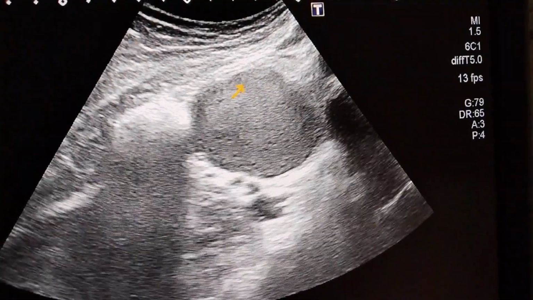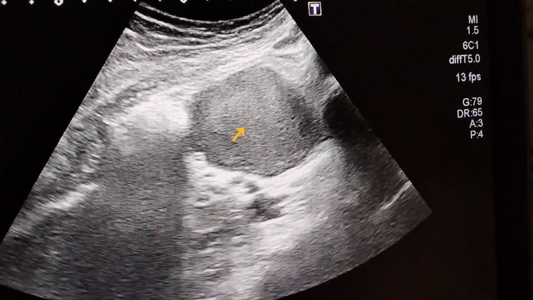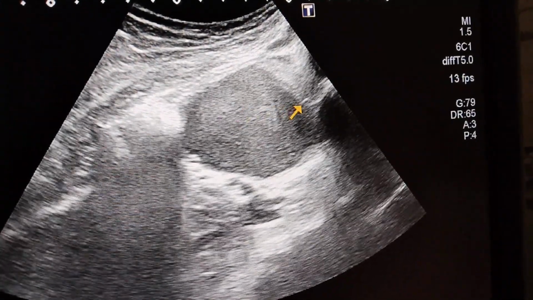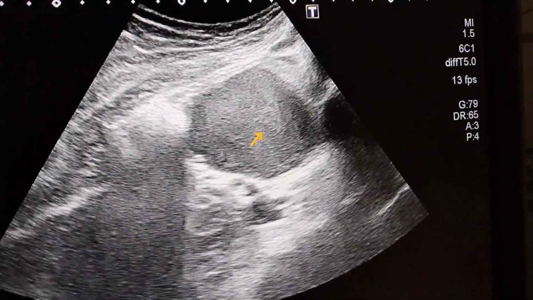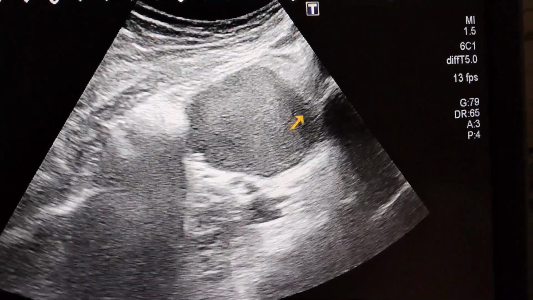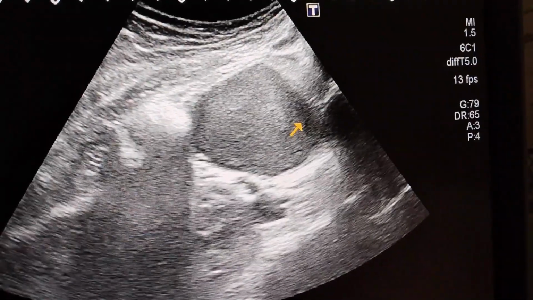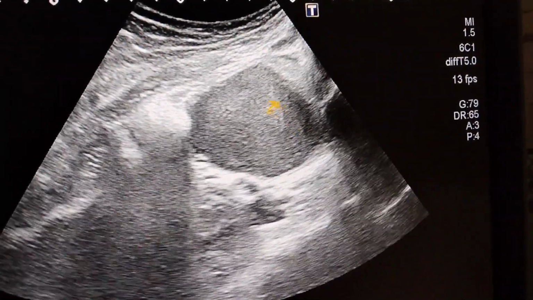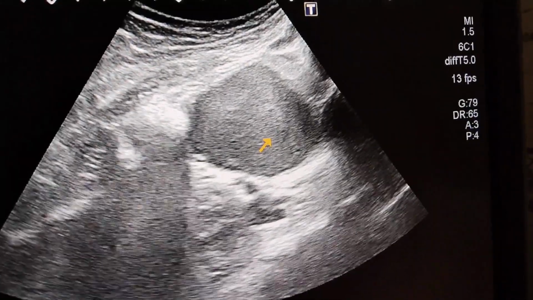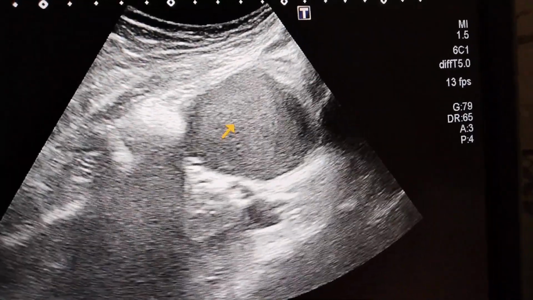Number two, it has diffuse low-level echoes giving ground glass appearance, completely filling the lumen. While in the hemorrhagic cyst, there are fibrin strands, echogenic dot lines, and these are not completely filling the lumen. This may appear as linear dot lines, fibrin strands, that are not present in the chocolate cyst.